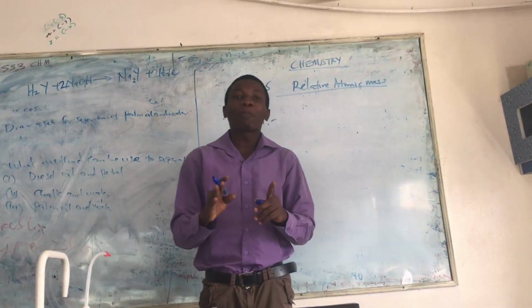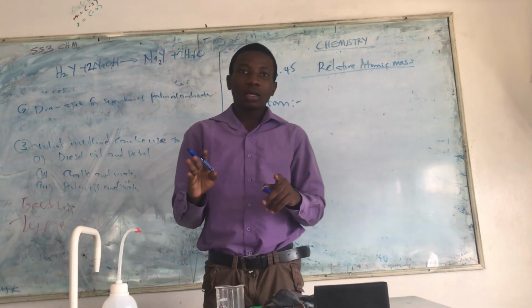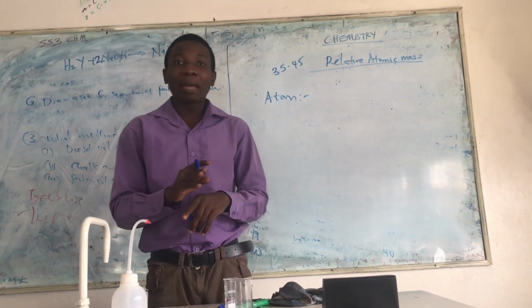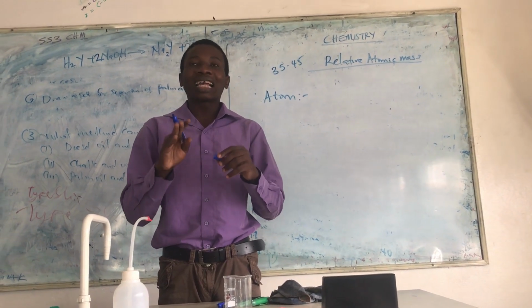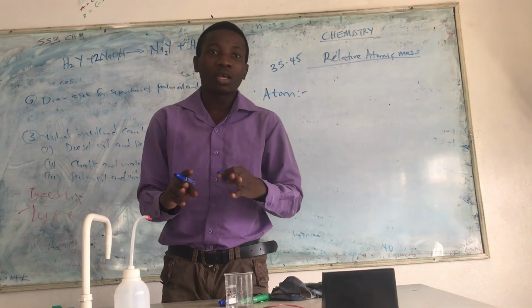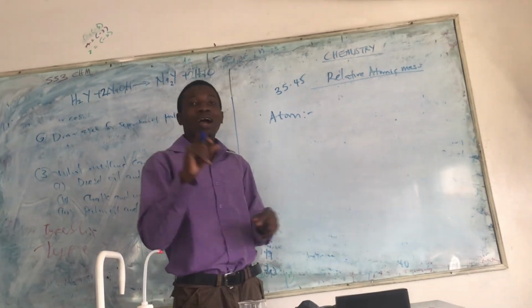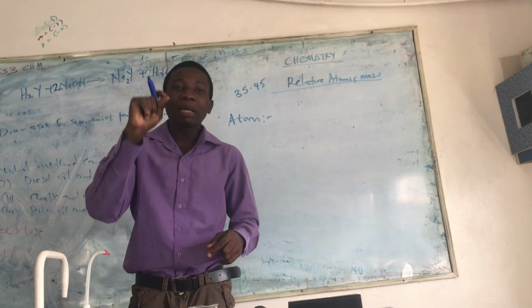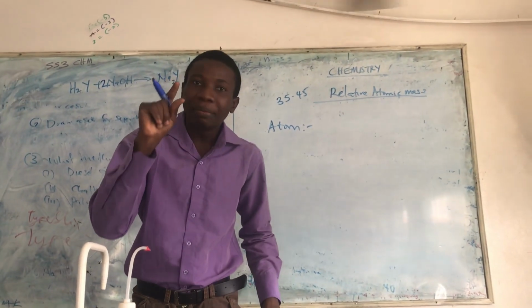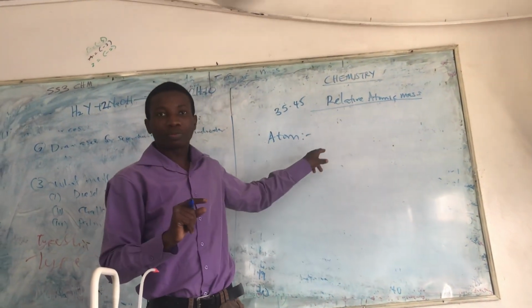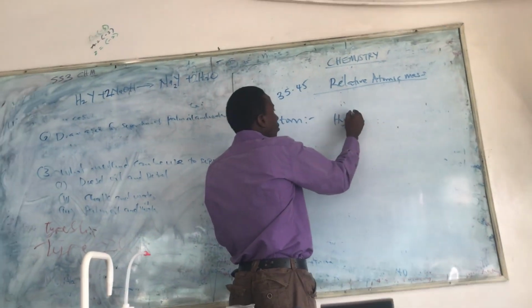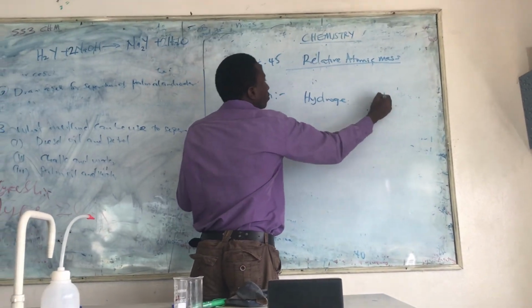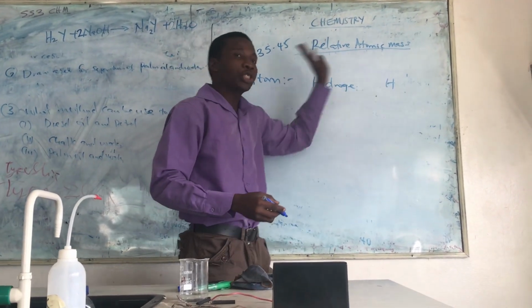An atom is the smallest particle of an element that can take part in a chemical reaction. That is the simplest way you can write an element, also called an atom. For example, the simplest way I can write hydrogen is H. That is an atom of hydrogen, H.